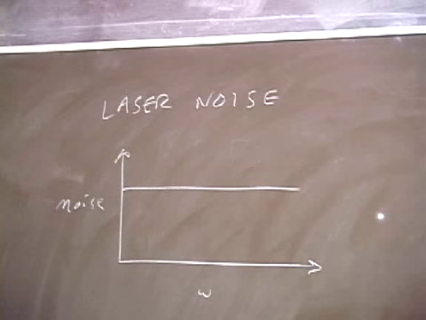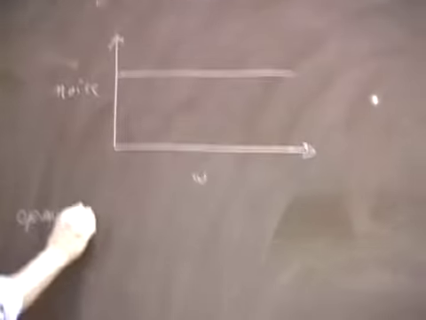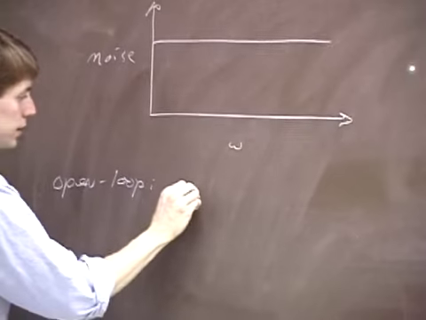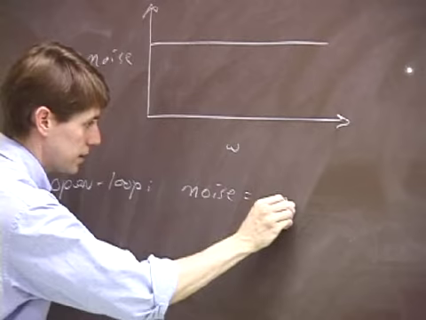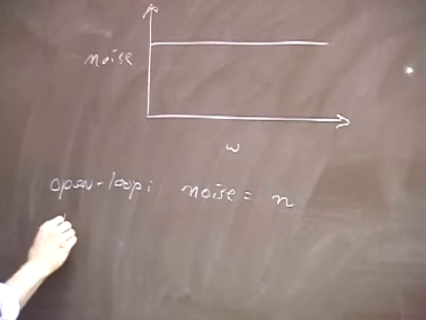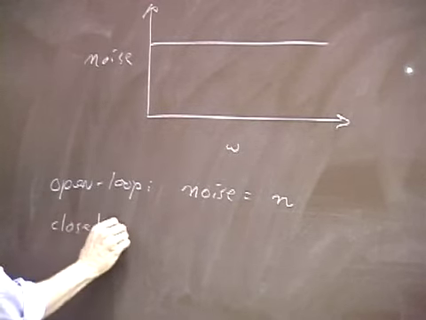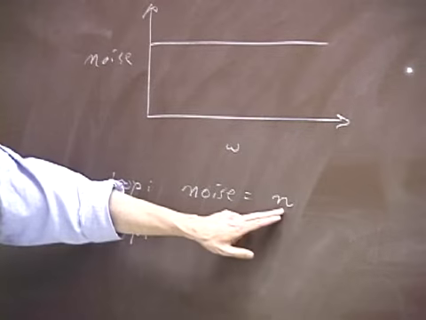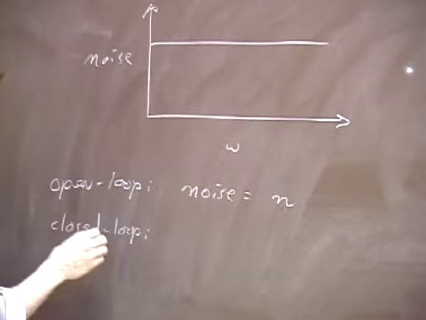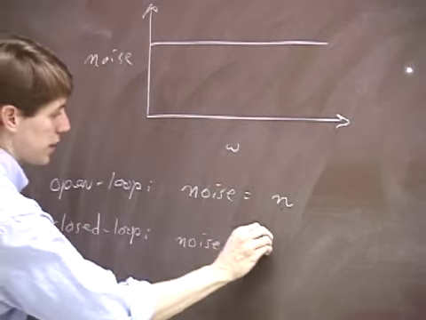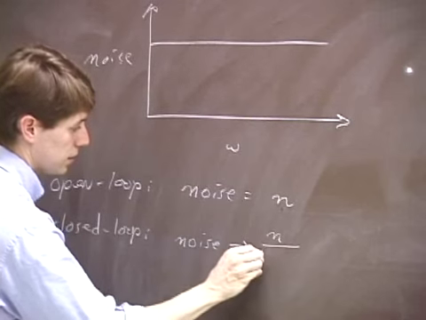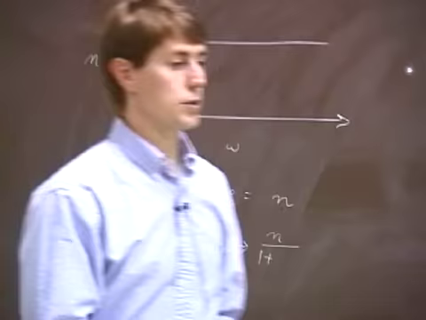And one of the results that you will prove in the homework is that when the loop gets closed, so in the open loop, if the noise is equal to N, then in the closed loop, that is, N as measured using the Pound-Drever-Hall technique, the noise goes to N divided by the return difference, 1 plus, what were the symbols that I used over there?